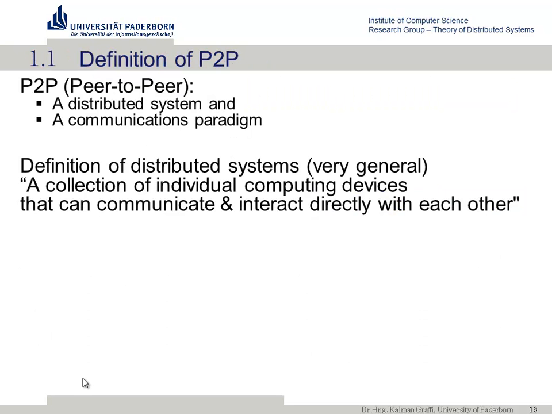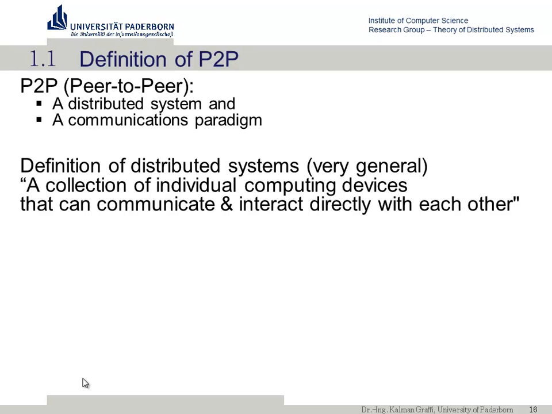Okay, so having heard a lot about the motivation of peer-to-peer and the topic of overlay networks, now I want to go into more detail about pure peer-to-peer. What is peer-to-peer? It can be classified in two bigger scopes: distributed systems and communication paradigms.